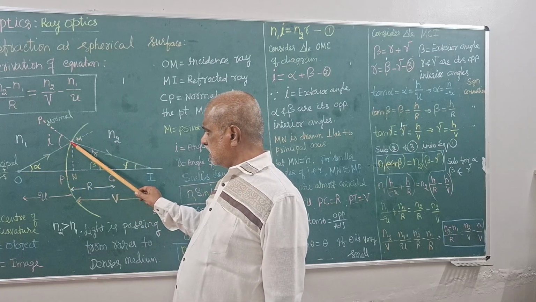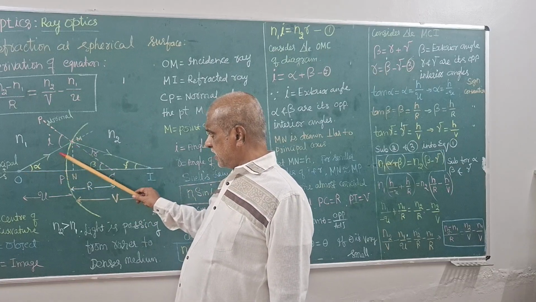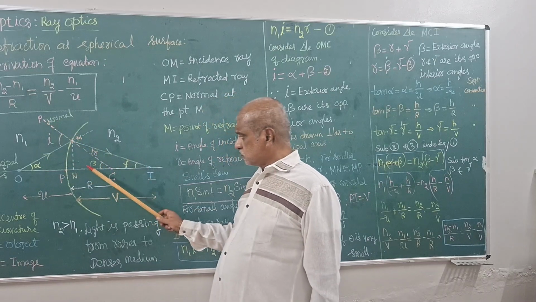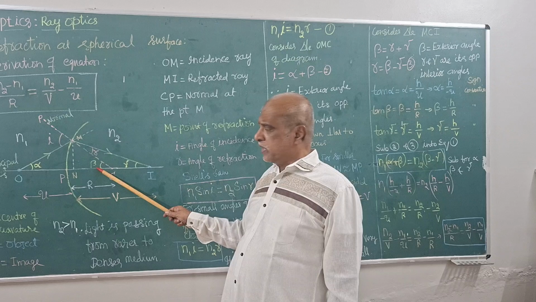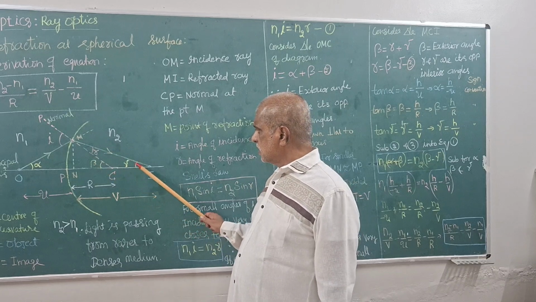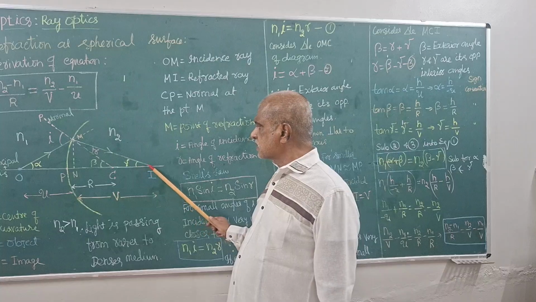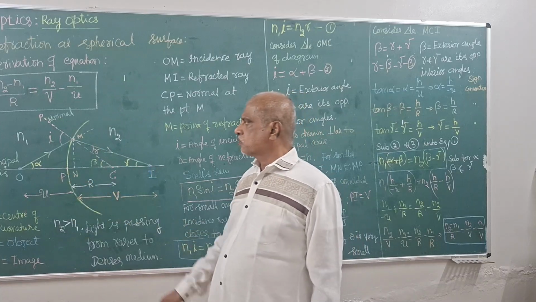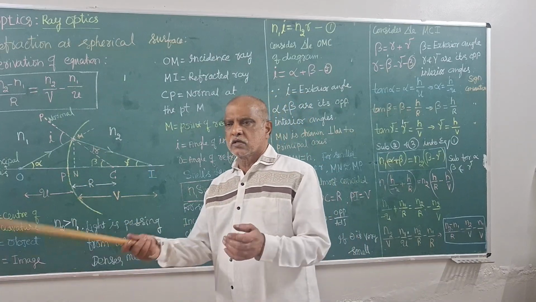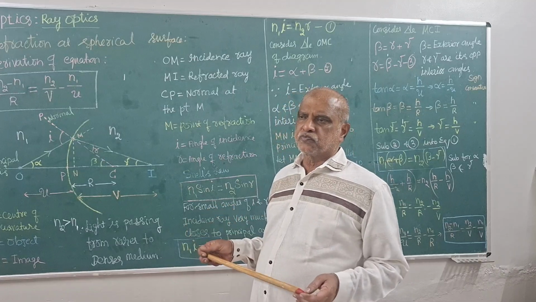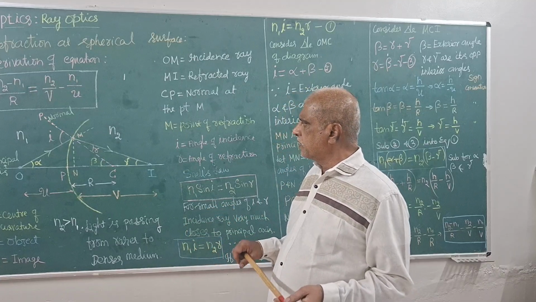The straight line, that is the incident ray, makes angle alpha. The normal, again a straight line, makes angle beta with the principal axis. This is the refracted ray, making angle gamma with the principal axis. We can write them using basic geometry.